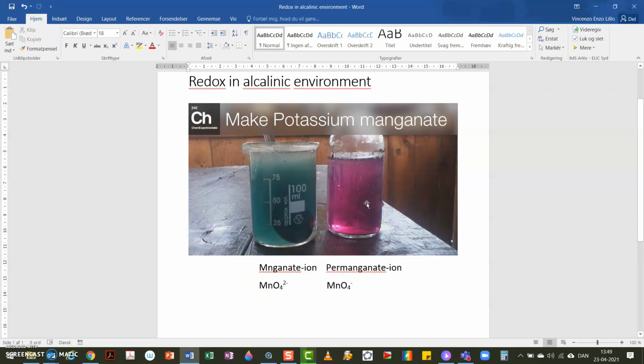Permanganate ion is purple. The manganate ion is green, blue. So when you see the color change from purple to green, blue, then you can determine that that's what happened.